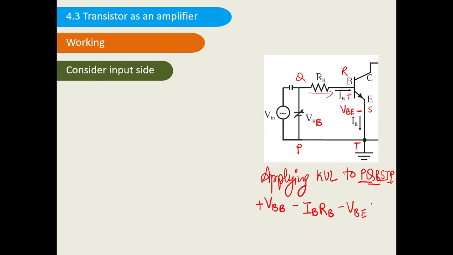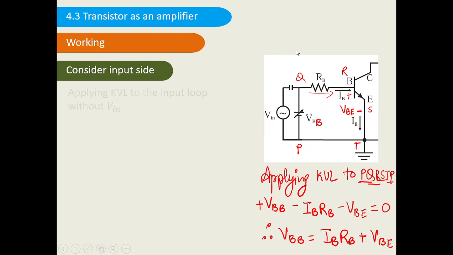So we have started from P and we have ended at P. The summation of all these things is equal to zero. So what can I write? VBB is equal to IB RB plus VBE. Okay, so this is the VBB value if Vin is not considered.